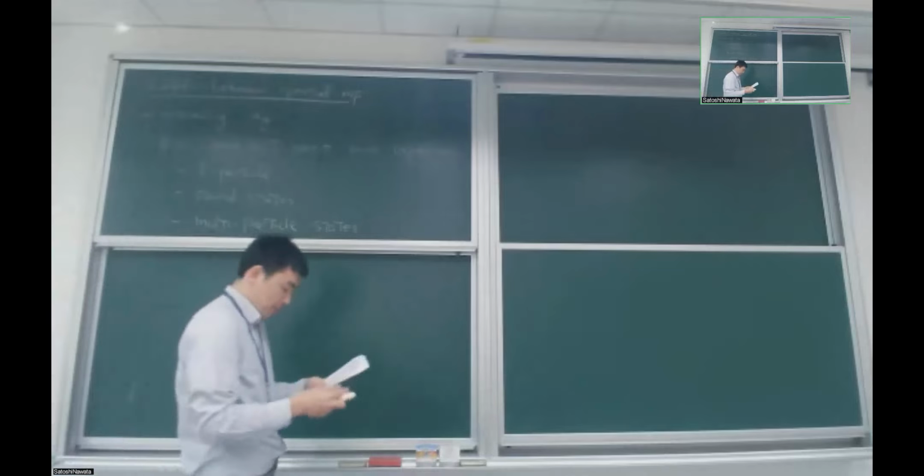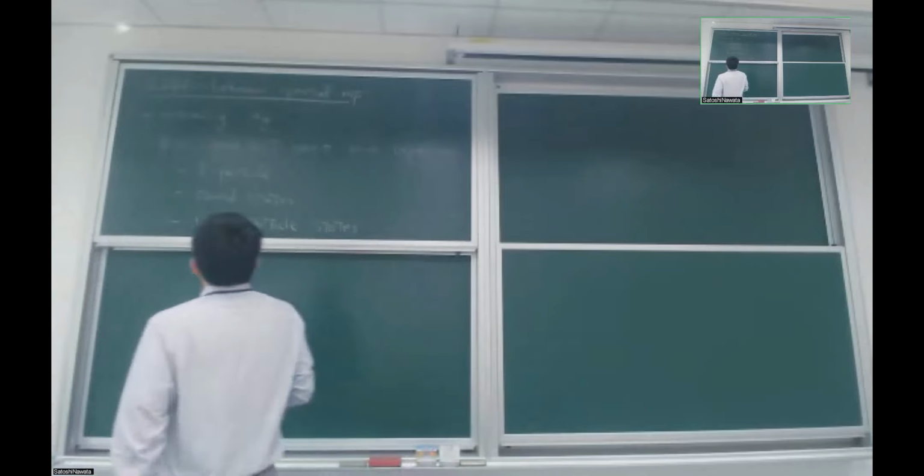So we talked about the interacting theory, how the operator creates the state. So in the interacting theory, the operator phi, we are talking about the example of a scalar operator.